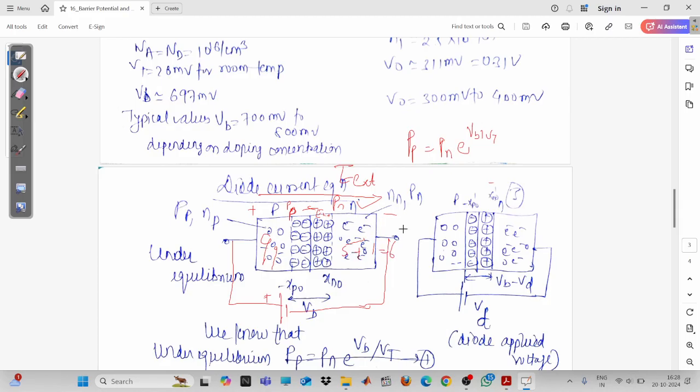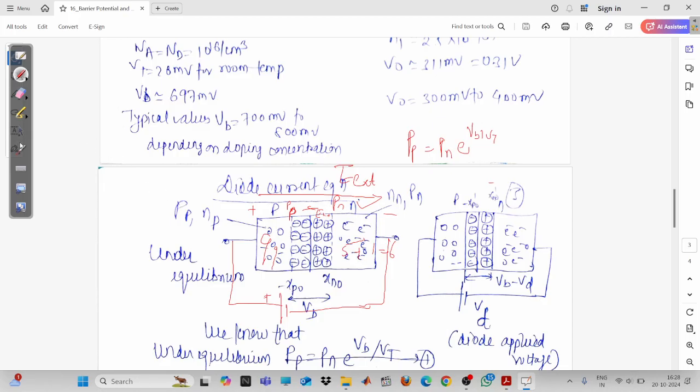So you can see there will be a significant increase in the concentration of holes in the N-type, but you can't say the same about the concentration of holes in the P side. The 99 is equal to 100. Fine.